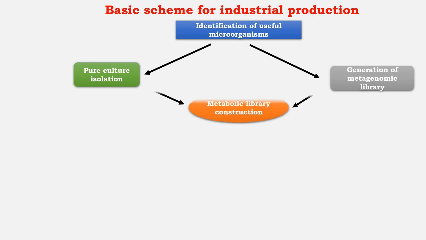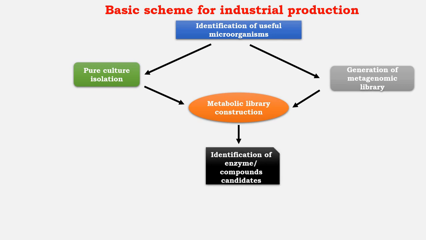By this we can construct a metabolic library and identify the specific enzymes or compounds which are our target, and that may be called the enzyme candidate or candidate compound.